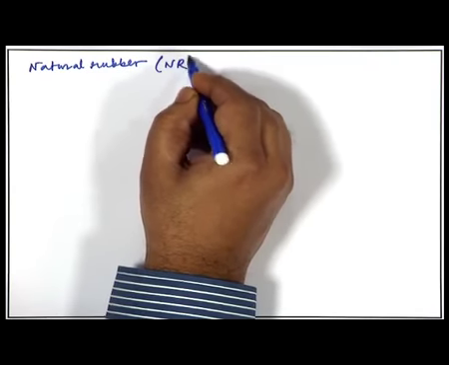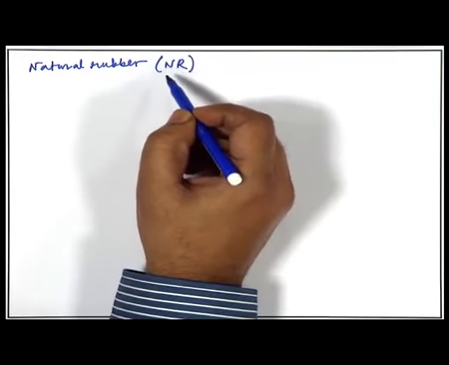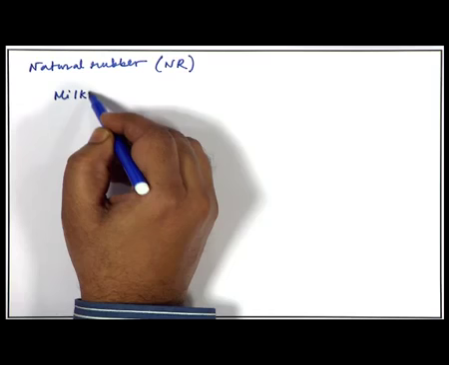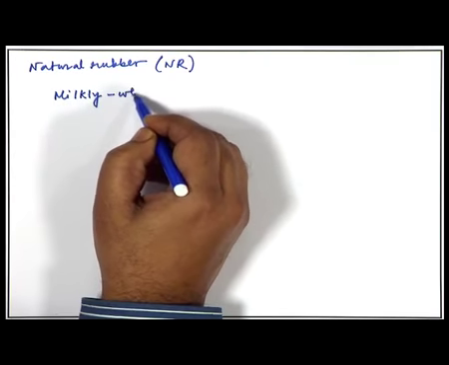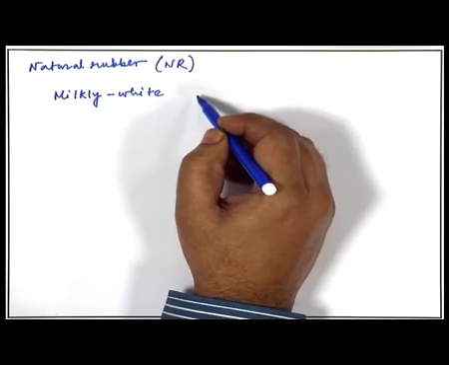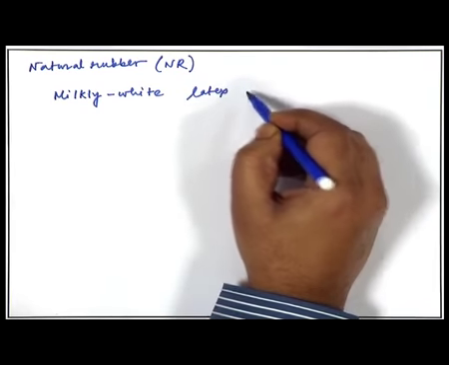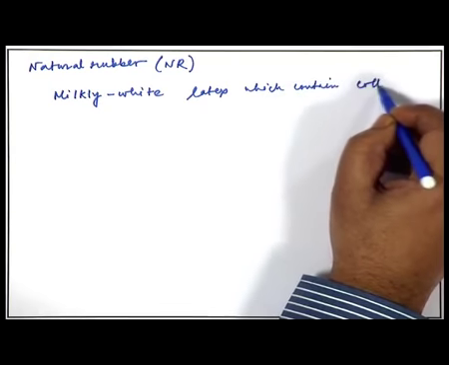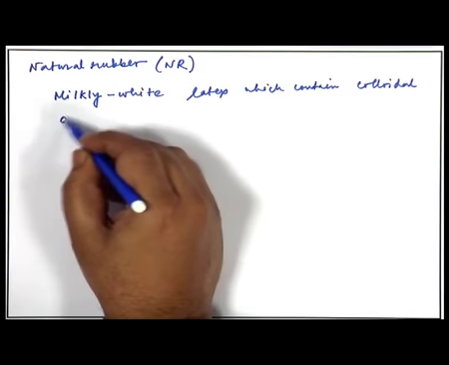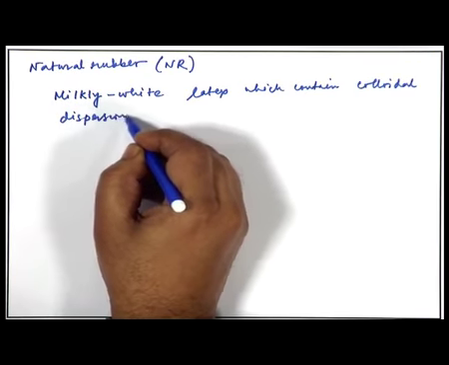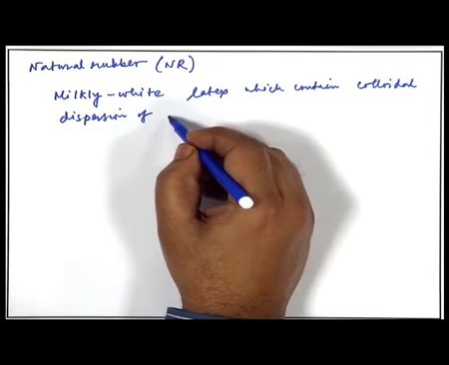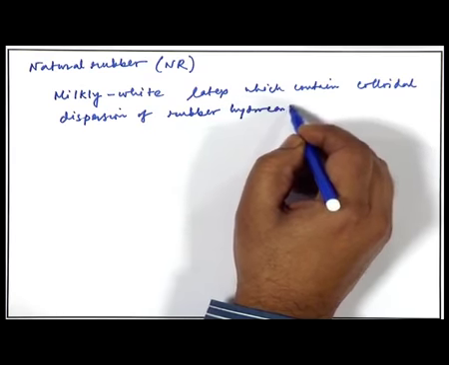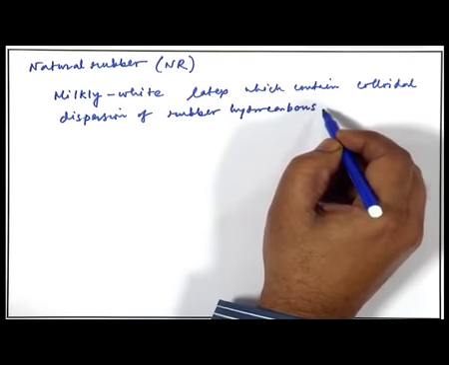We can write just NR for natural rubber. Natural rubber is obtained as a milky white latex, which contains a colloidal dispersion of rubber hydrocarbons, or you can call them particles.